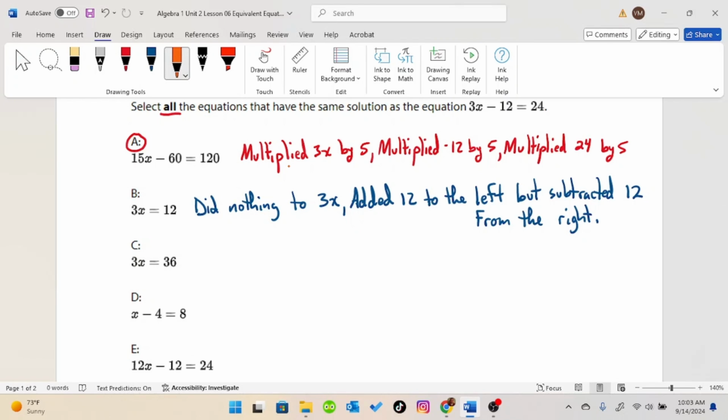Choice C. To go from 3x to 3x, they did nothing. So that is still the same. To get rid of the negative 12 on the left, they added 12.